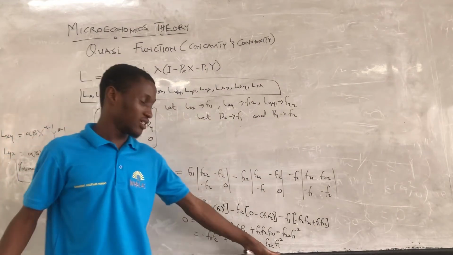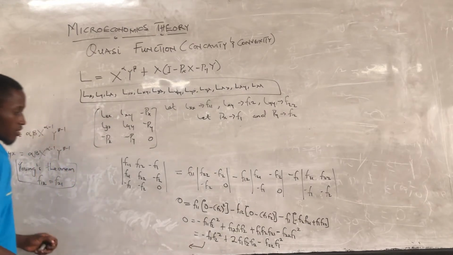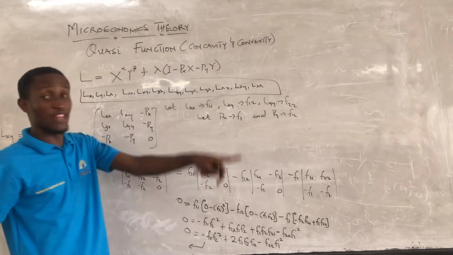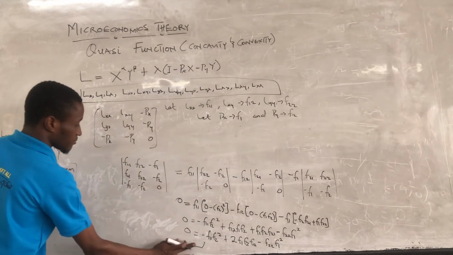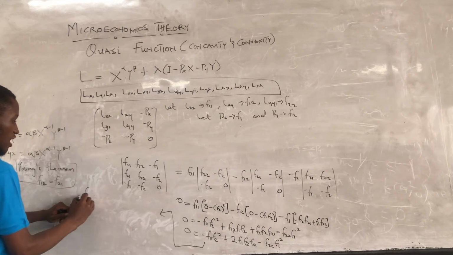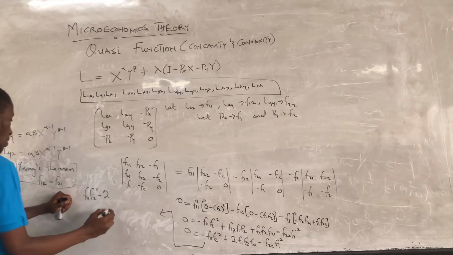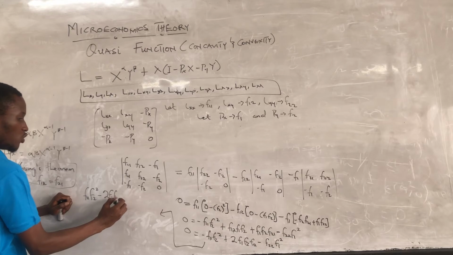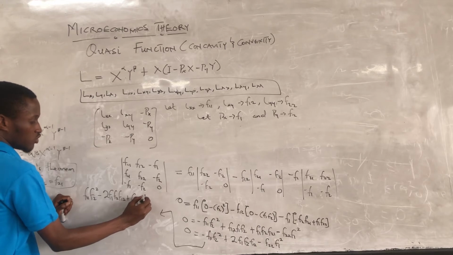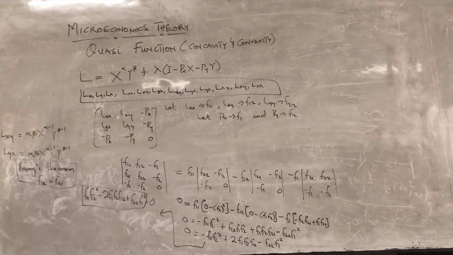This is what we call the quasi function, but I want to get rid of the negative, so I can bring everything to this side, or I will multiply through by negative, so that I will get F11 F2 squared minus 2 F1 F2 F12 plus F22 F1 squared equal to 0. So we have proved the quasi function.